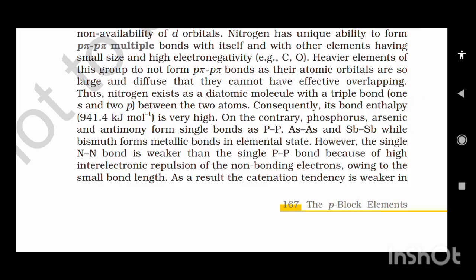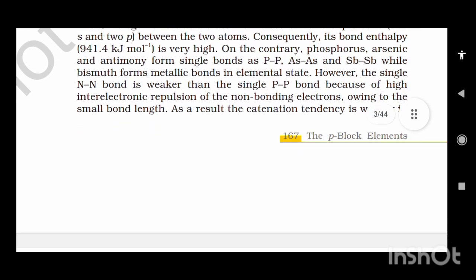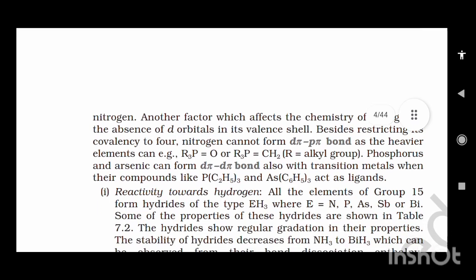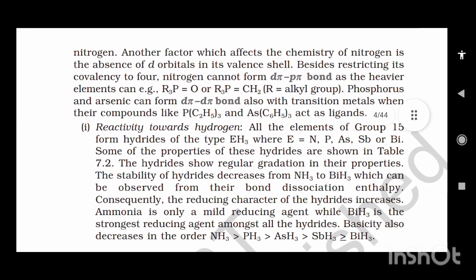However, the single nitrogen-nitrogen bond is weaker than the single phosphorus-phosphorus bond because of the high interelectronic repulsion of the non-bonding electrons owing to the small bond length. As a result, the catenation tendency is weaker in nitrogen. Another factor which affects the chemistry of nitrogen is the absence of d orbitals in its valence shell.